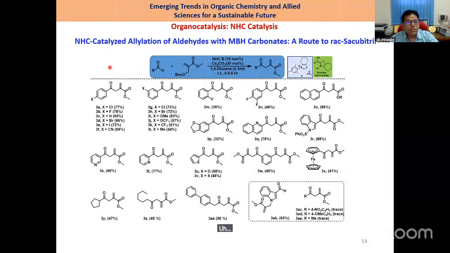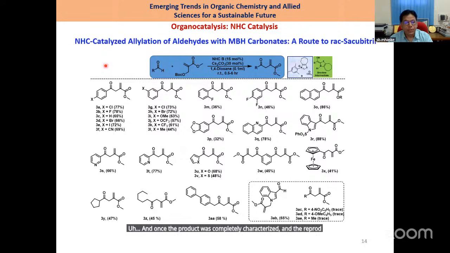Once the product was completely characterized and the reproducibility was confirmed, we then planned for the substrate scope. As I said, once we develop the reaction and it is optimized, we can see whether it works with other substrates or not.